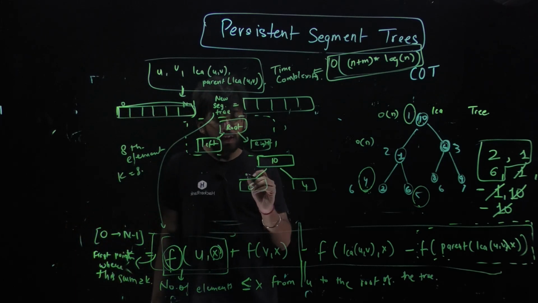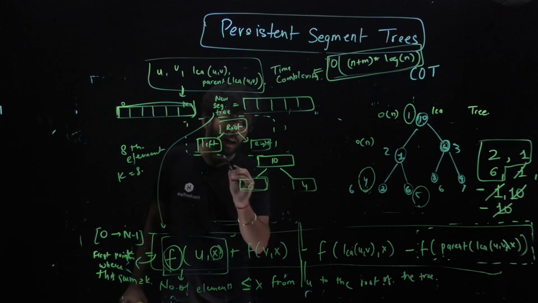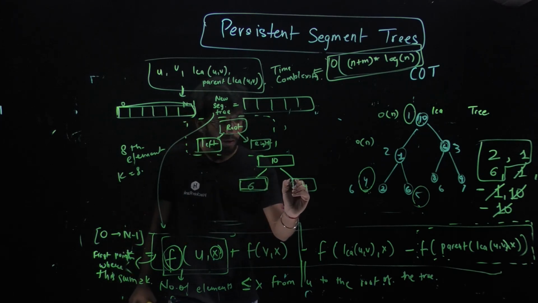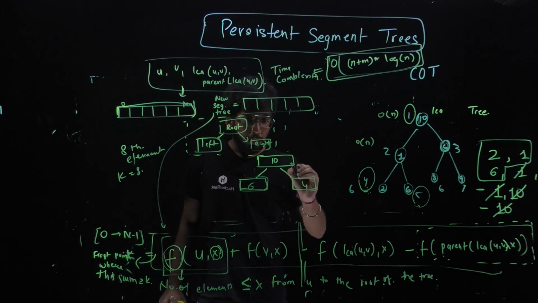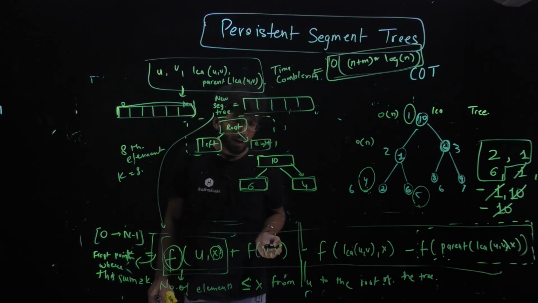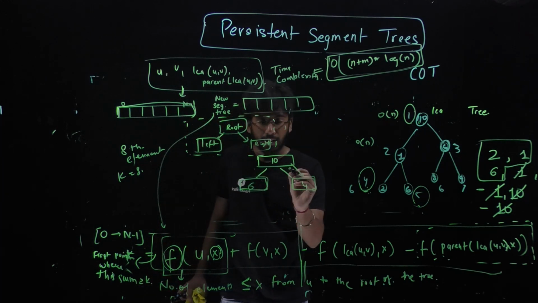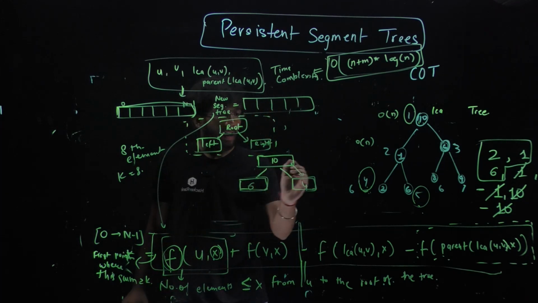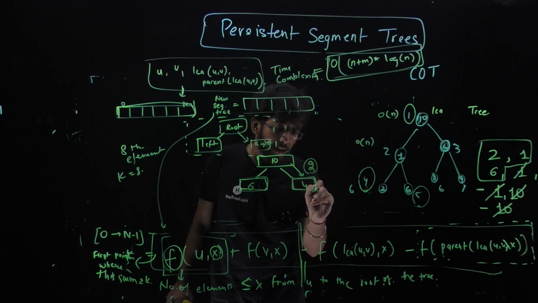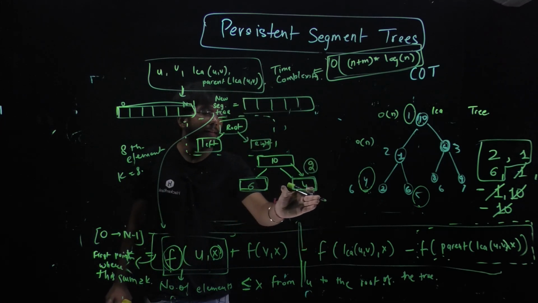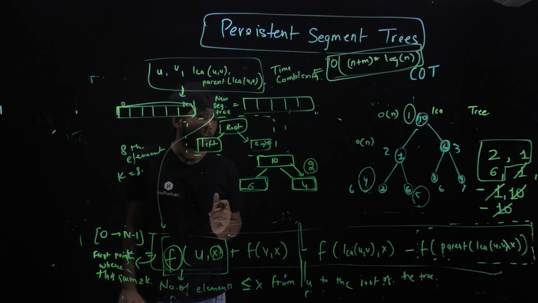I'm pretty sure that the kth element cannot lie over here, it would surely lie over here. So on this node, I'll subtract 6 from 8, which will give me 2. So I need to find out the second element in this remaining part of the segment tree.